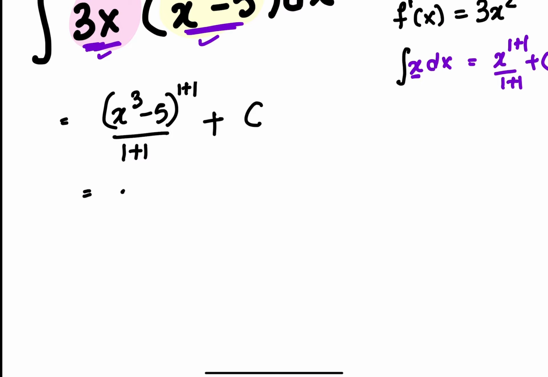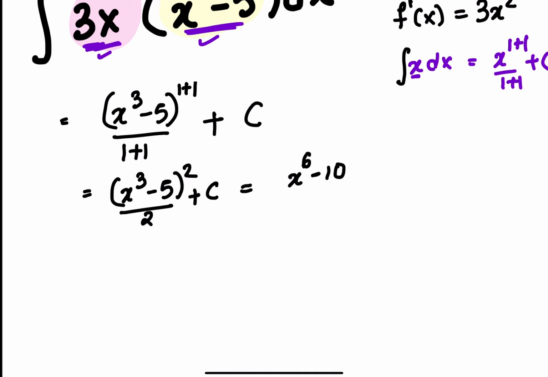This is nothing but (x cubed minus 5) squared over 2 plus c, which is nothing but, expanding it, x^6 minus 10x cubed plus 25, all over 2, plus c.